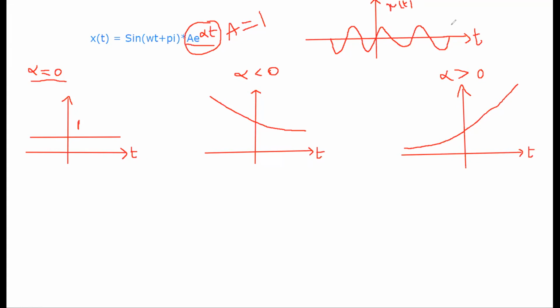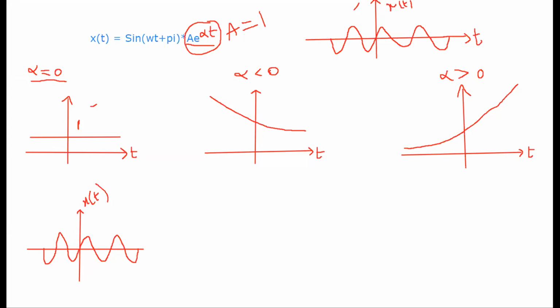So if we multiply these two signals, the resultant signal would be a sinusoidal signal.